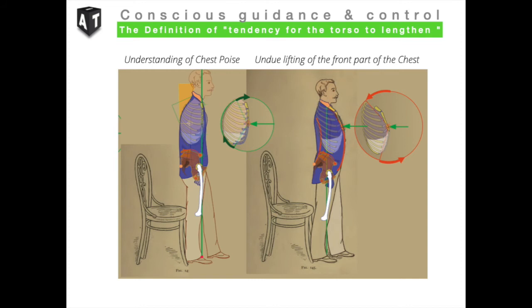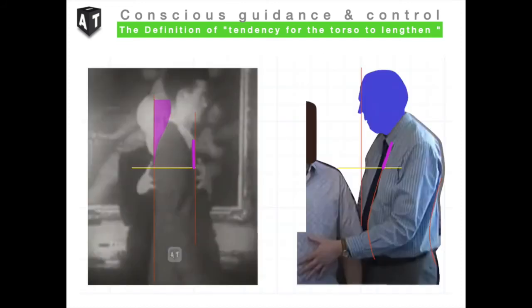Or is seen, you will see, because on the readjustment on the left, you will see that the sternum bone is vertical. It's exactly the representation of what Alexander is doing with his hands. Alexander is clearly, you look at the fingers, he's clearly organizing the rib cage so that the front of the rib cage is not lifted above the back.